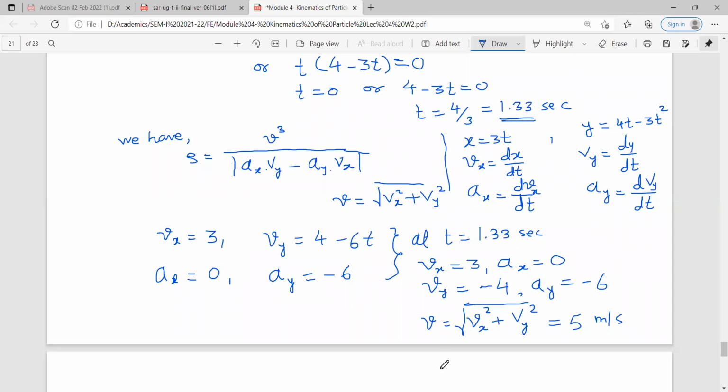What radius of curvature rho are you getting? It is coming 0.277. Let us wait for the answers. 6.94, 5.65, 6.877.